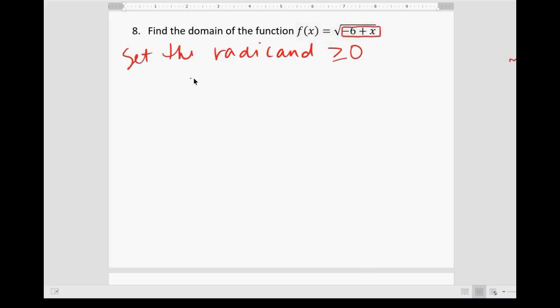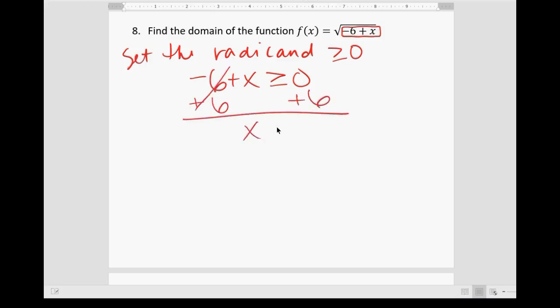So we're going to take that negative 6 plus x and set it greater than or equal to 0, and then we're going to solve. We're going to add 6 to both sides. So I have x is greater than or equal to 0 plus 6, which is 6. So your domain is x greater than or equal to 6.